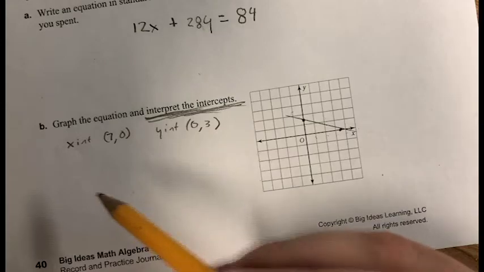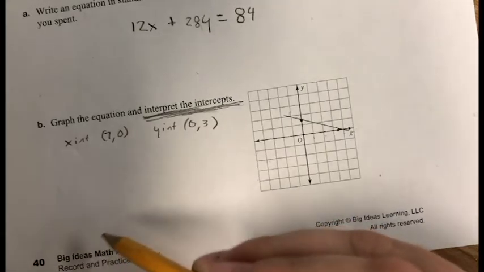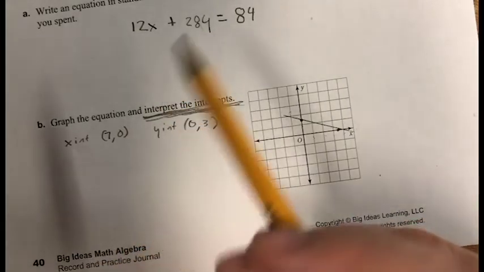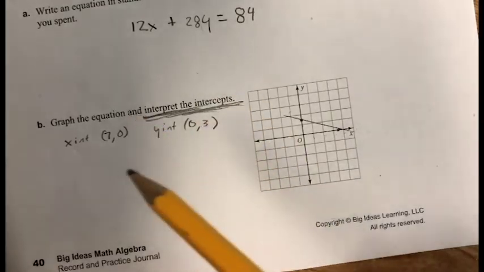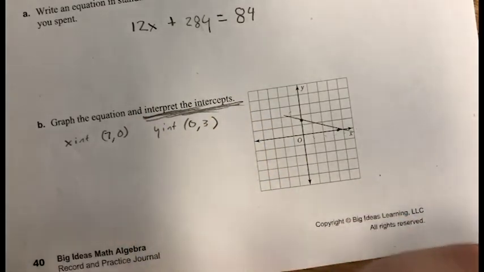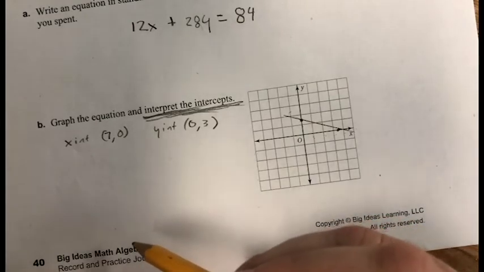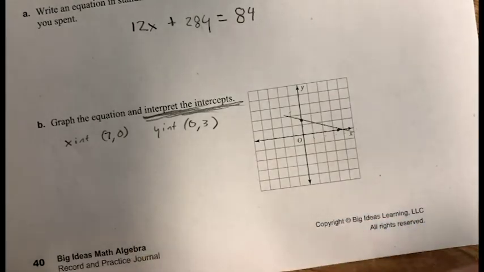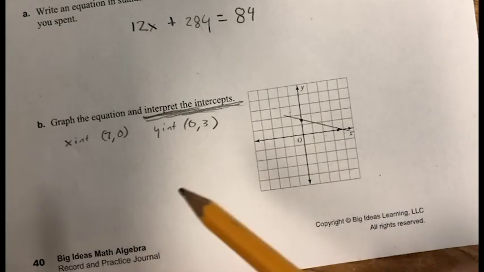This is an imperative skill that I want you to try on your own. So make sure you're doing this. Try it and then find me to make sure you're doing it correctly. I'm not going to give you the answer in this video. Find me, and I want you to tell me what these intercepts mean.